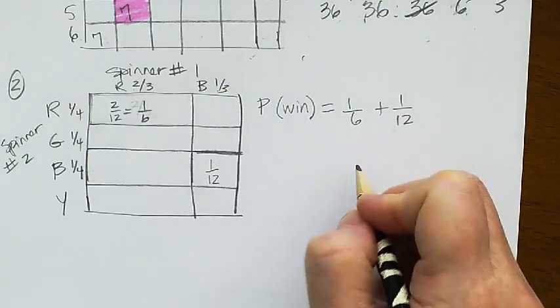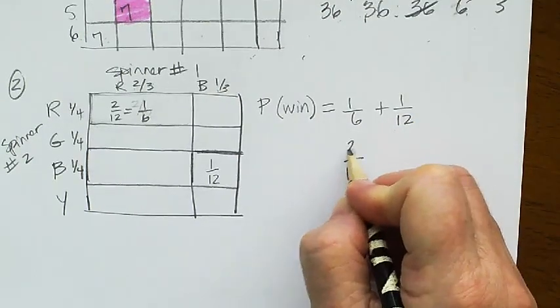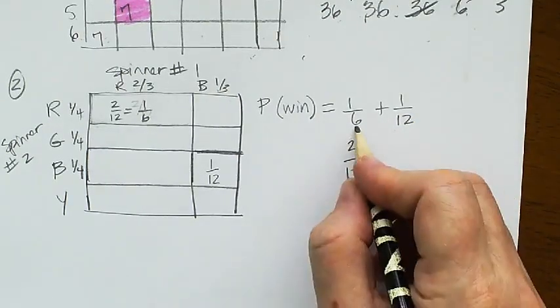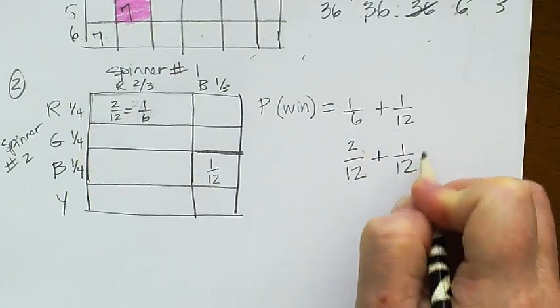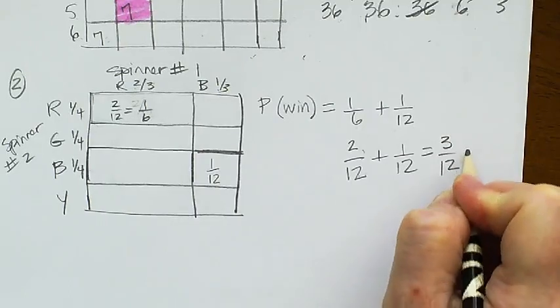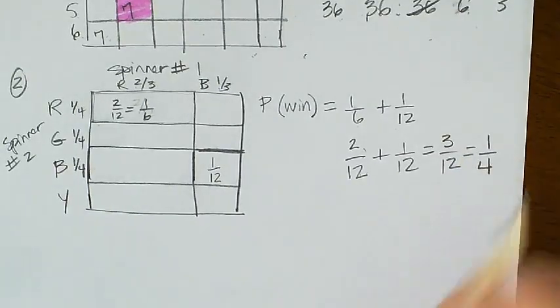So 1/6 with a denominator of 12 would be 2 over 12: 6 times 2 is 12, 1 times 2 is 2. So 2 over 12 plus 1 over 12 would be 3 over 12, which would reduce to 1/4.